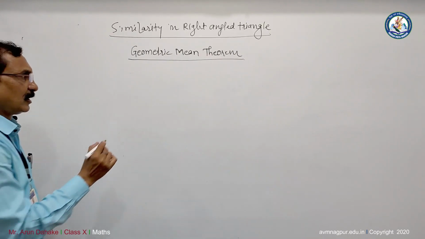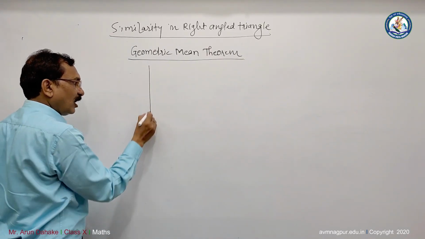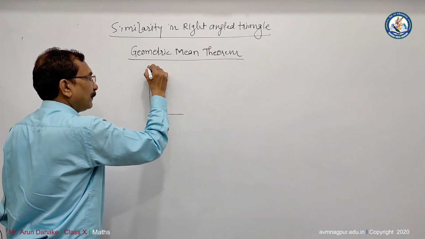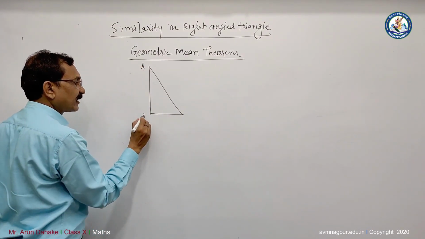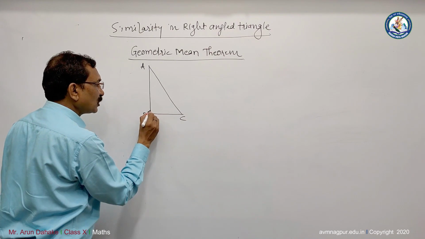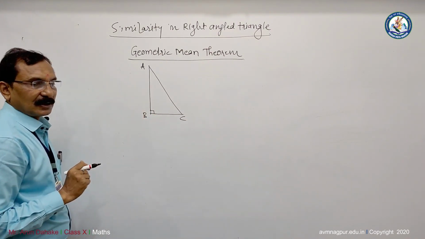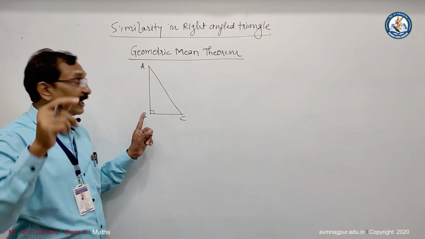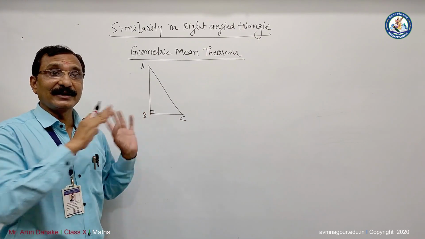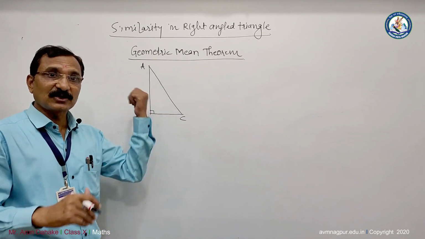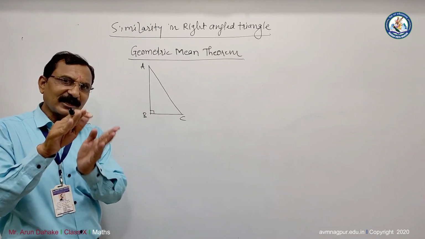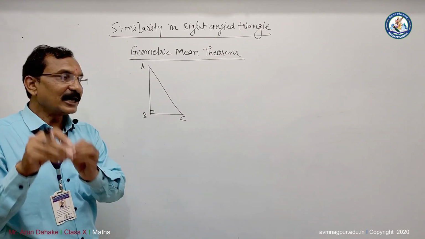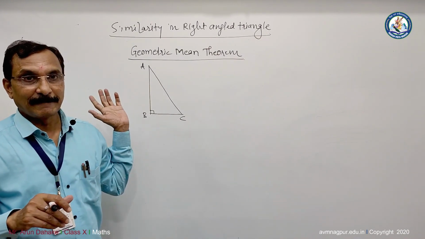Again, if you are taking the right angle triangle ABC, angle B is equal to 90 degrees. I am taking all the right angle triangles, all the theorems based on the right angle triangle, because this is the Pythagoras theorem, and the Pythagoras theorem is particularly related to the right angle triangle.